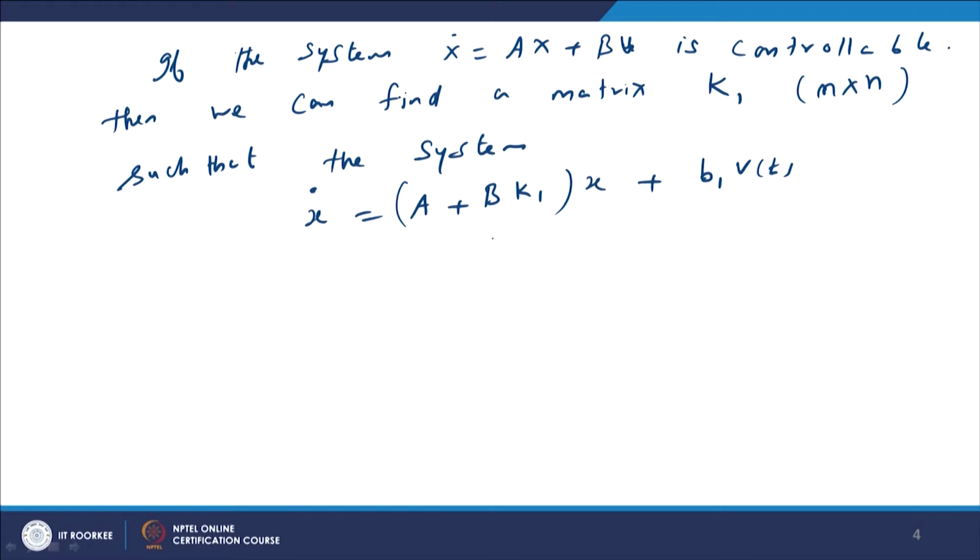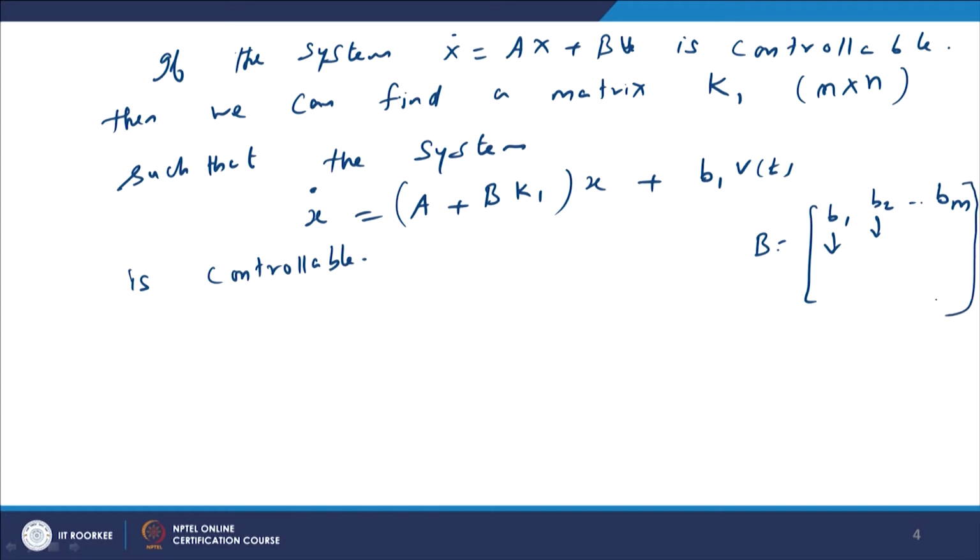This is in the form which we considered in the second lecture, where B is a column vector. So, we have shown that we can find a matrix K1 such that this system is controllable. Here B1 is the first column of the matrix B, where B is B1, B2 up to Bm.